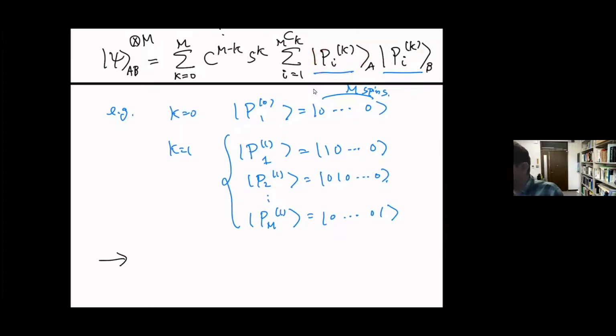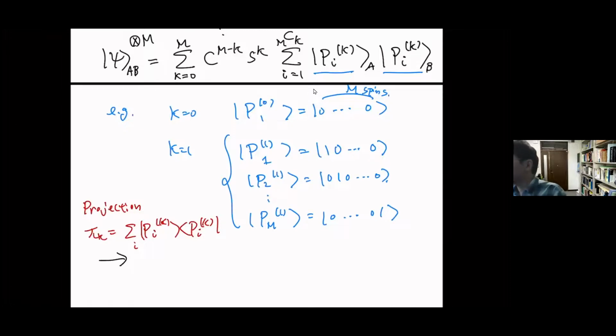We can just act with a projection in a laboratory and pick up this one. This is a projection, which is pi k, given by this projector.